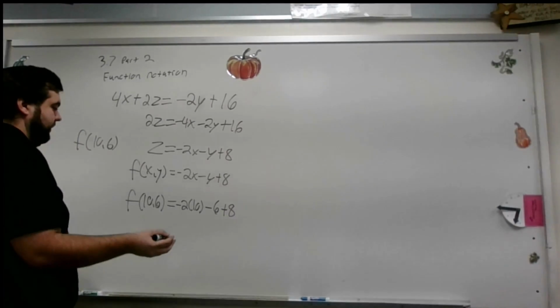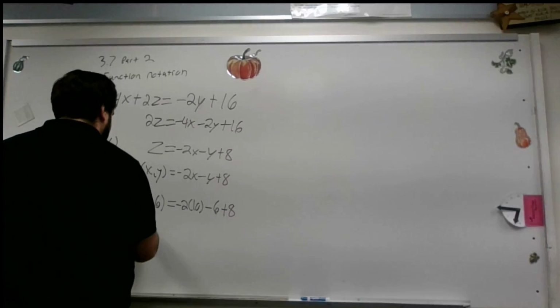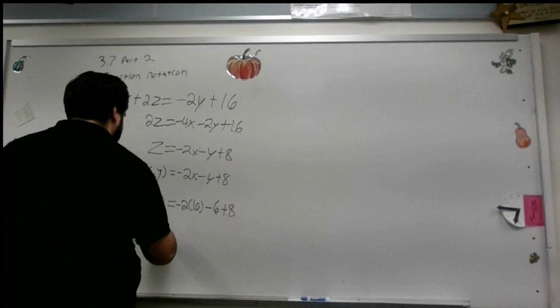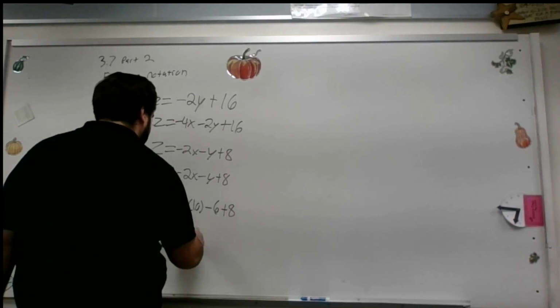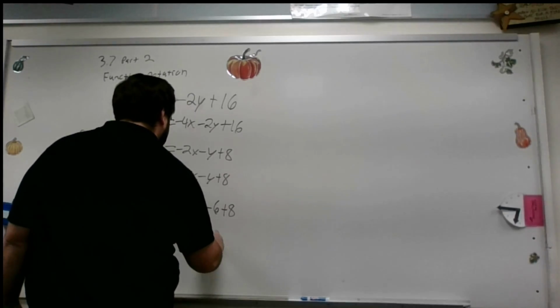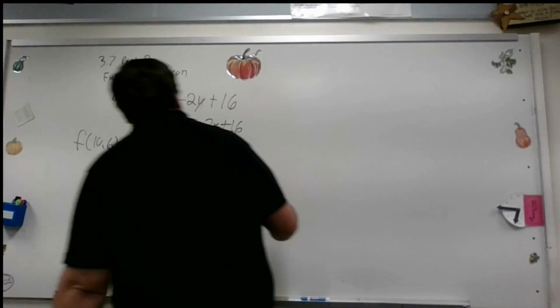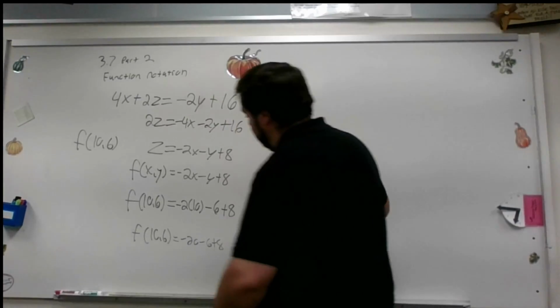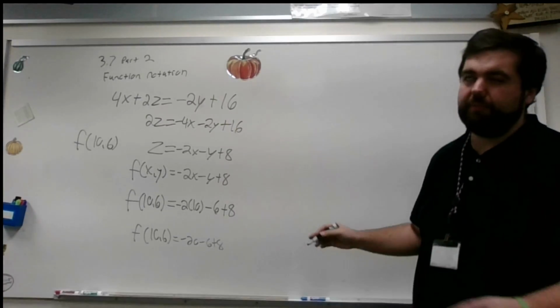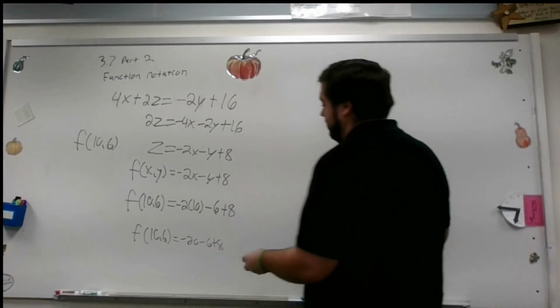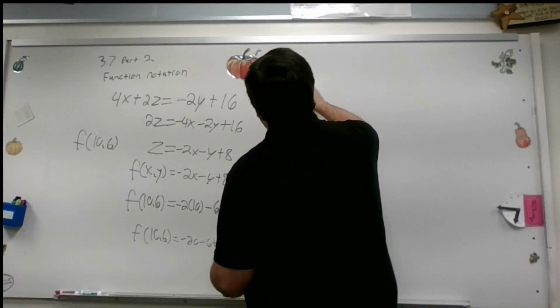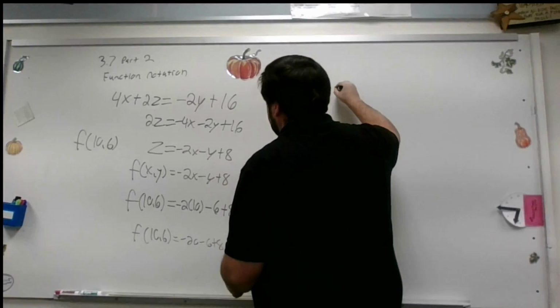Be able to solve from here, no problem. f of 10 comma 6, negative 20 minus 6 plus 8. Combine like terms, we get negative 26 plus 8, going to be negative 18. f of 10, 6.